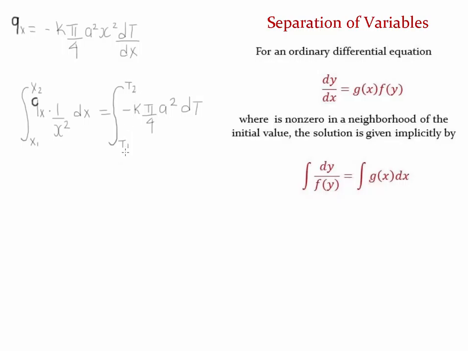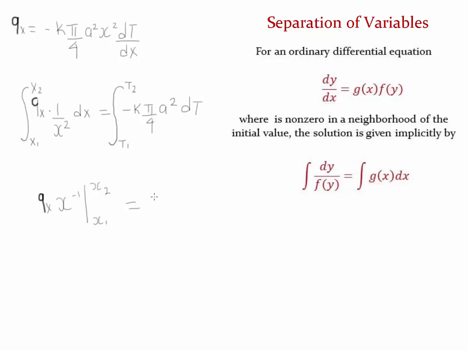Notice that temperature T1 corresponds to the position x1, and the temperature T2 corresponds to the position x2. In the integral on the left, we notice that the value of Qx is a constant, therefore we can take it out of the integral. The integral of 1 over x squared becomes x to the negative 1, and we evaluate this integral from x1 to x2.